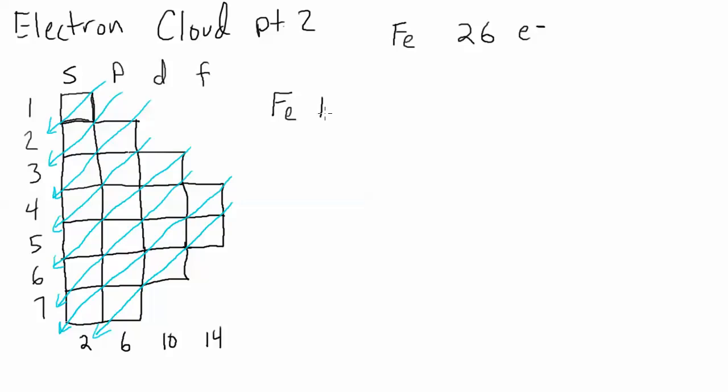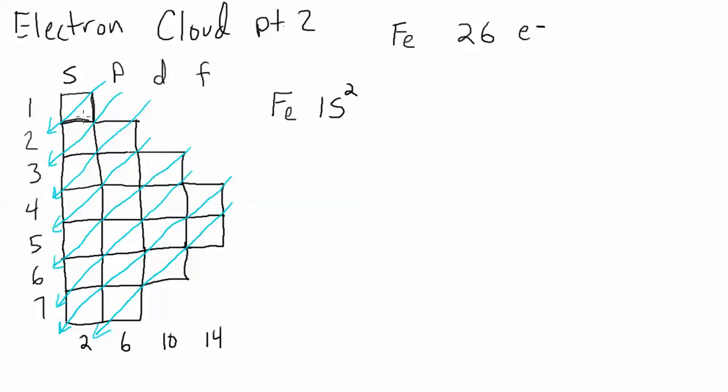So I'm going to write 1s. And iron has 26 electrons, so 1s is going to fill, and 1s can hold 2 electrons total. So 1s2: sublevel 1s with 2 electrons in it. So what this is saying is that the electron cloud of iron has a 1s sublevel, and that 1s sublevel has 2 electrons in it.